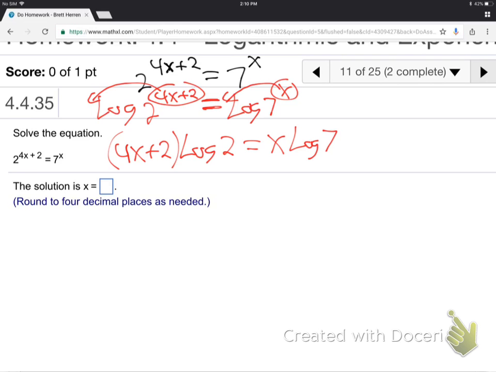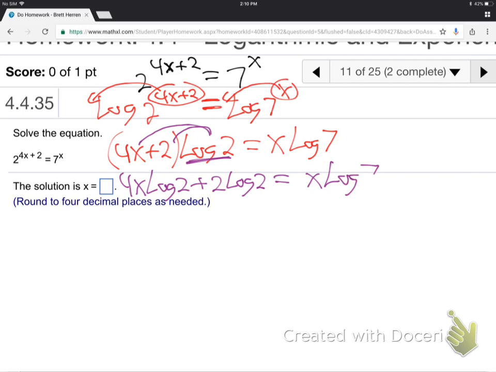Everybody good to there so far? Just log both sides. Hitler's dethroned, take him out of power. And now, remember, log 2 is just a number. It's going to distribute. So we'll get 4x log 2 plus 2 log 2 is x log 7.